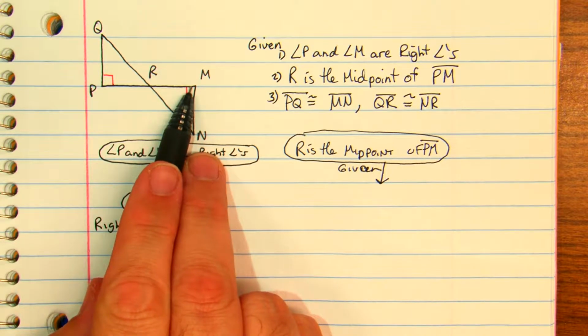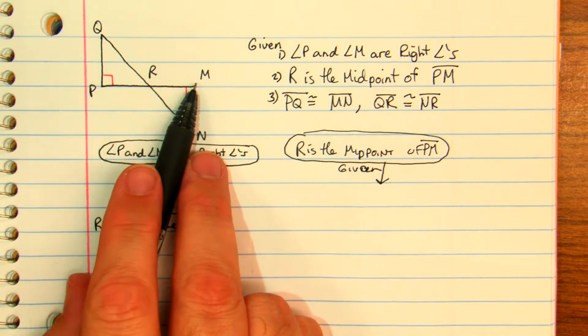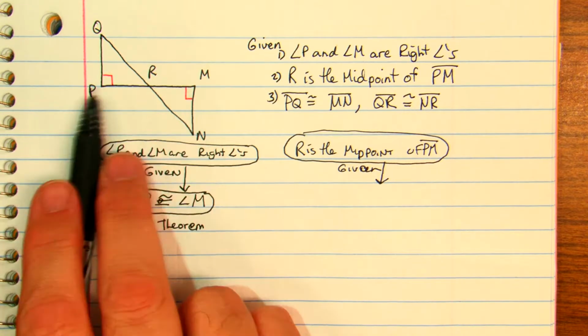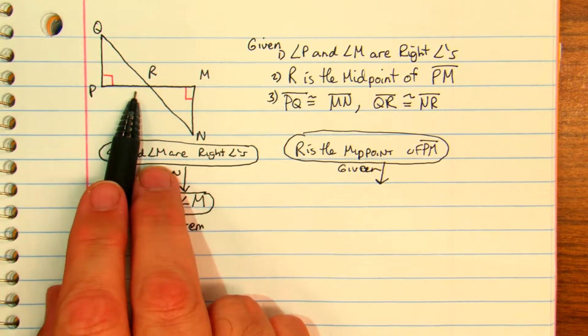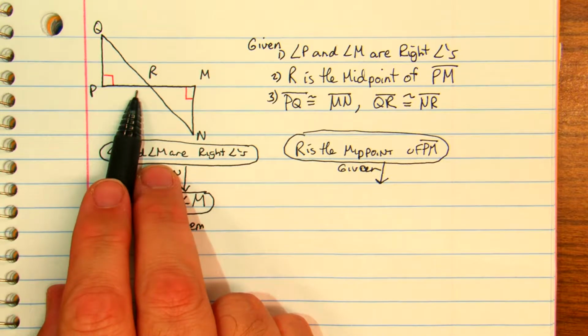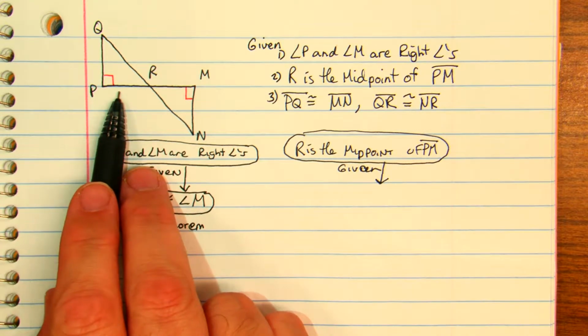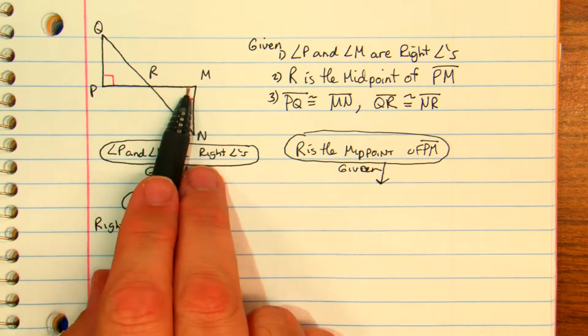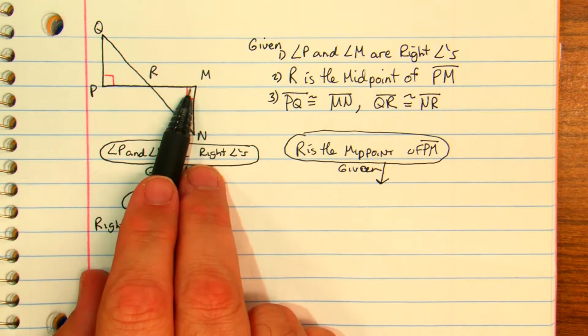It's a midpoint, so the midpoint is where? Where in the segment is the midpoint? What do you think the mid stands for? The middle. All right, so if it's in the middle, what can I say about PR and RM? They're congruent to each other.